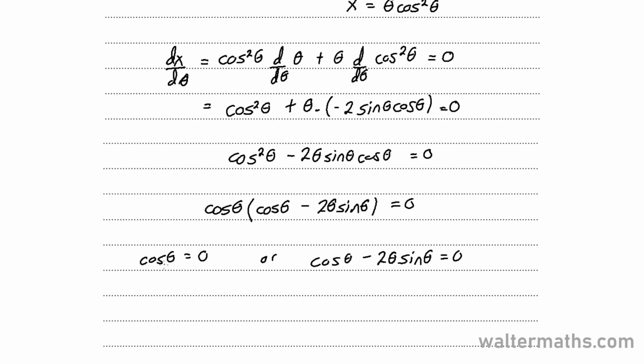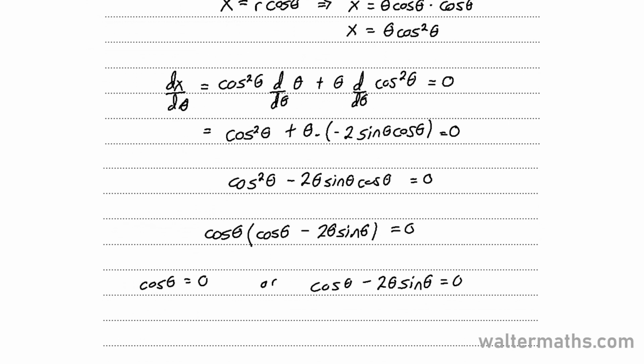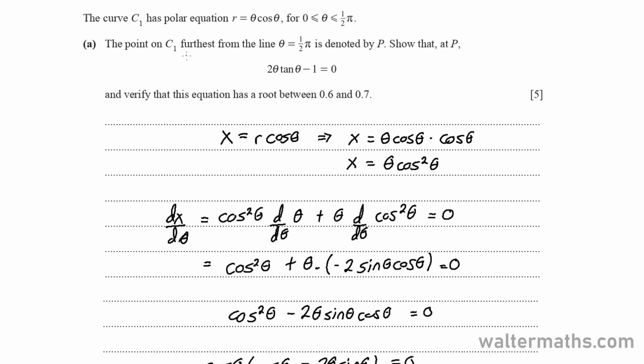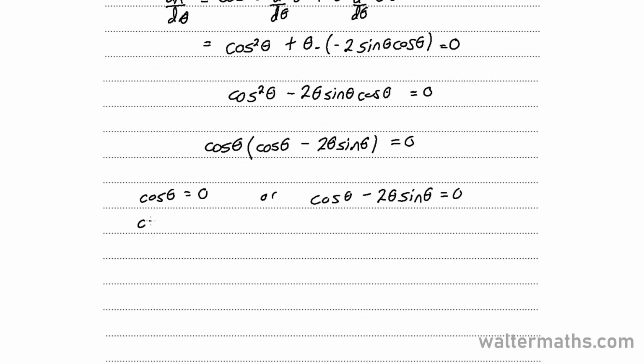Now you need to understand that cos theta cannot be equal to 0, considering that we have r being equal to theta cos theta. Because if that is so, then that would mean that r would come out as 0, and we won't be talking about the point furthest from the line theta is equal to half pi in such a case. So here we're saying that cos theta cannot be equal to 0, so we do not have a solution from this.